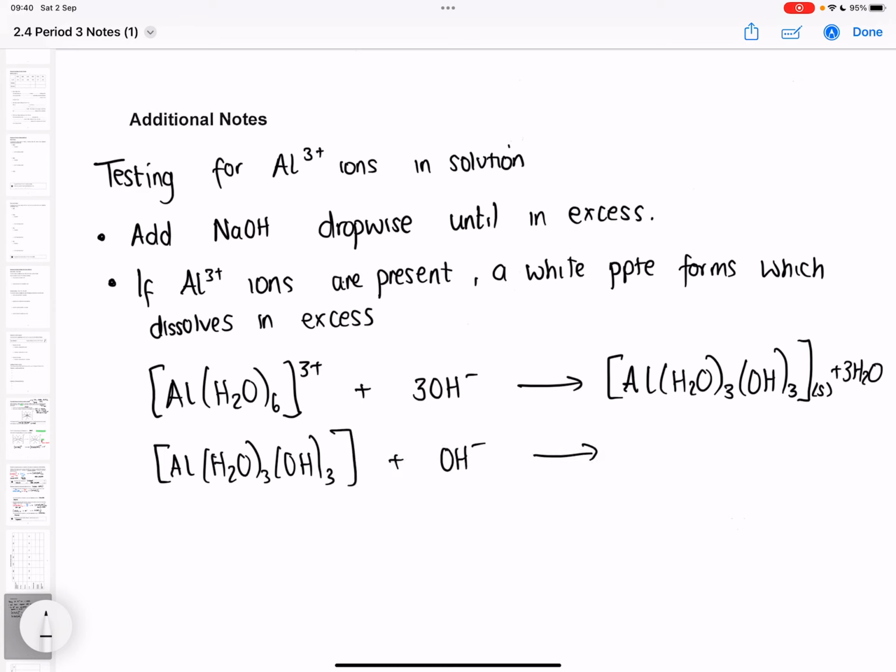And when we add that one more, we see that we get the aluminate ion with the 4 OHs, the 1- charge. And because that is charged, then that is going to be a colourless solution. So this is our test for aluminium ions.